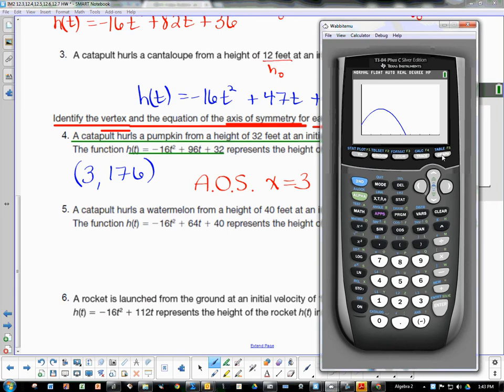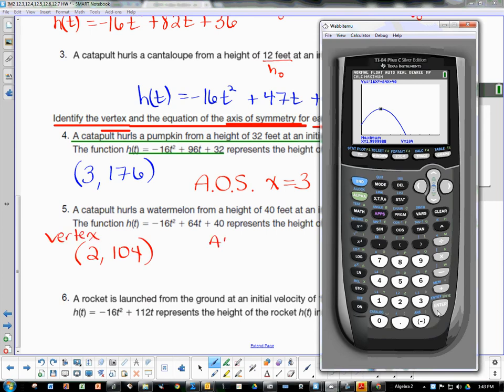I need to find the vertex, so this is going to be a maximum, number 4. Here's our left bound. Here's our right bound, and it looks like it is going to be 2 comma 104.